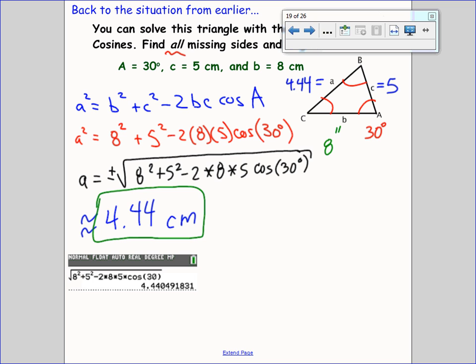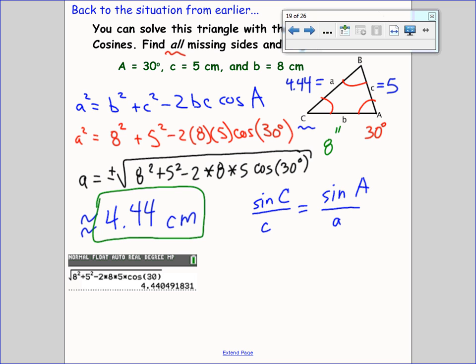I'm first going to find angle C. And because my unknown is an angle, I'm going to start out with not a side length on top. I'm going to start out with sine of angle C on top. Sine of angle C is to side length C, just like sine of angle A is to side length A.